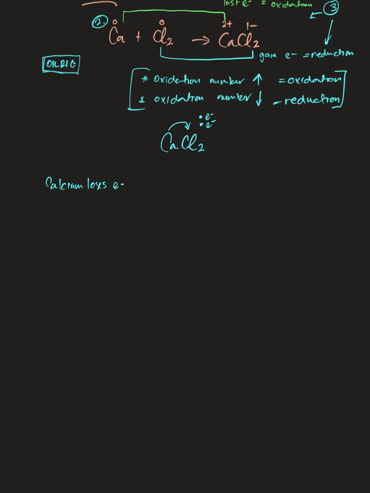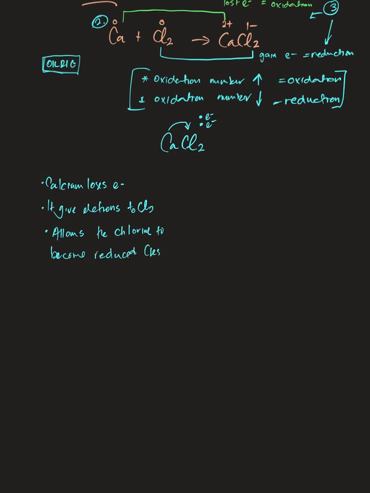So in this situation, the calcium loses electrons, and it gives its electrons to Cl2. And by doing that, it allows the chlorine to become reduced.